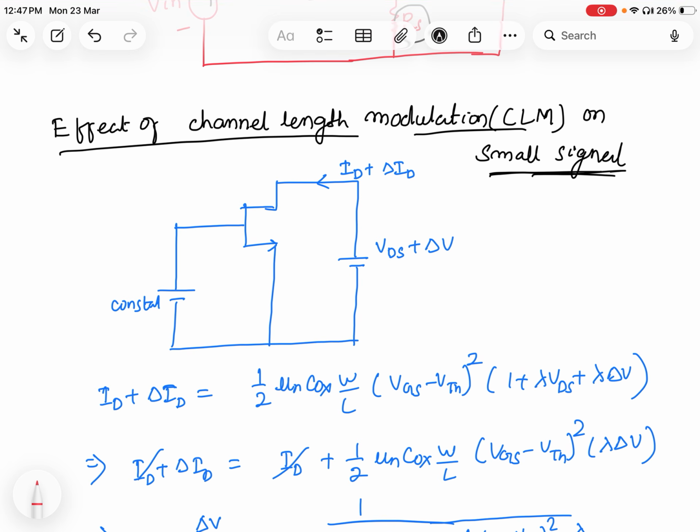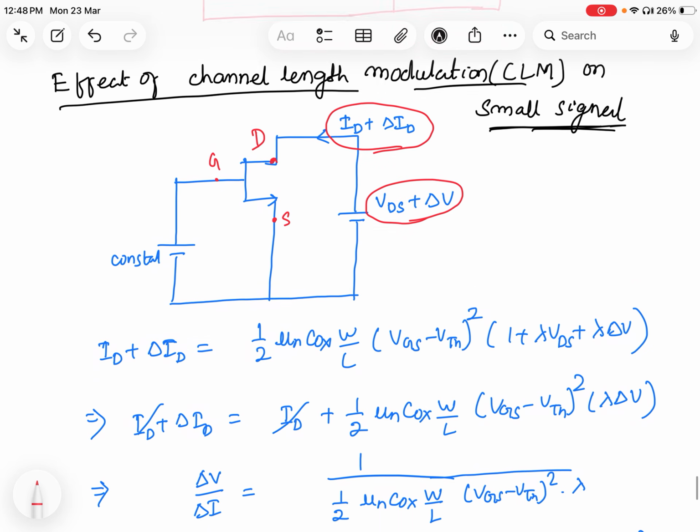Here I have taken an N channel MOSFET where this is your source, this is your gate, and this is your drain. There is a constant DC voltage source, and if there is a change in drain to source voltage, let VDS change to VDS plus del V, I get a change in current also, ID plus del ID.